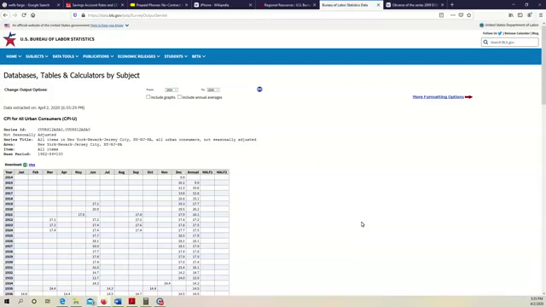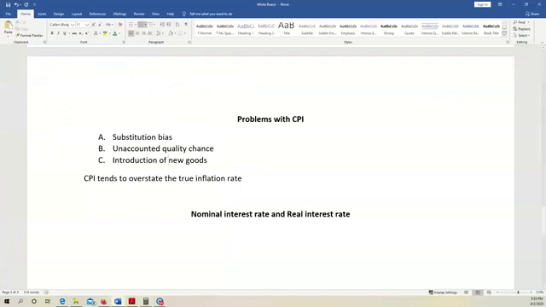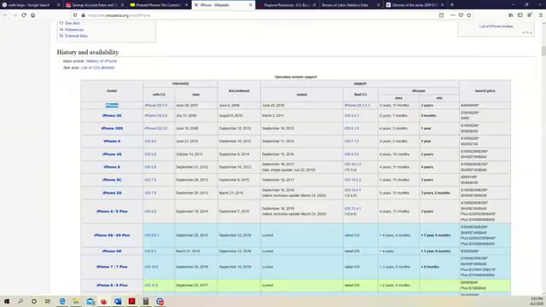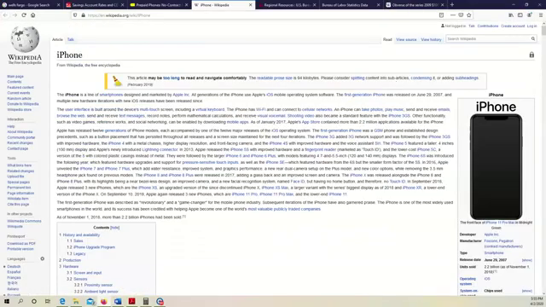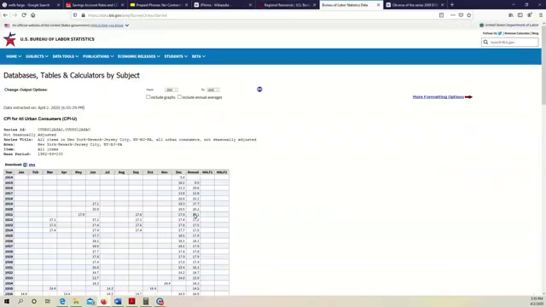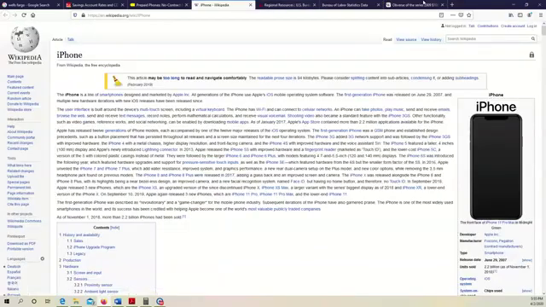So you can see the consumer price index for New York City in December 1914 is 9.9. But wait a minute. Was iPhone available back in the year 1914? Seems not, right? So that means over time, there are more new items introduced to consumers.